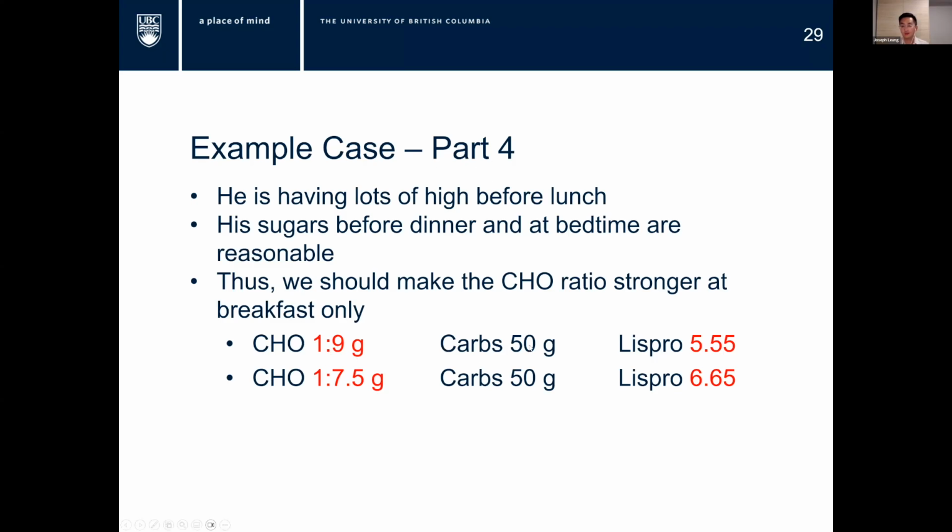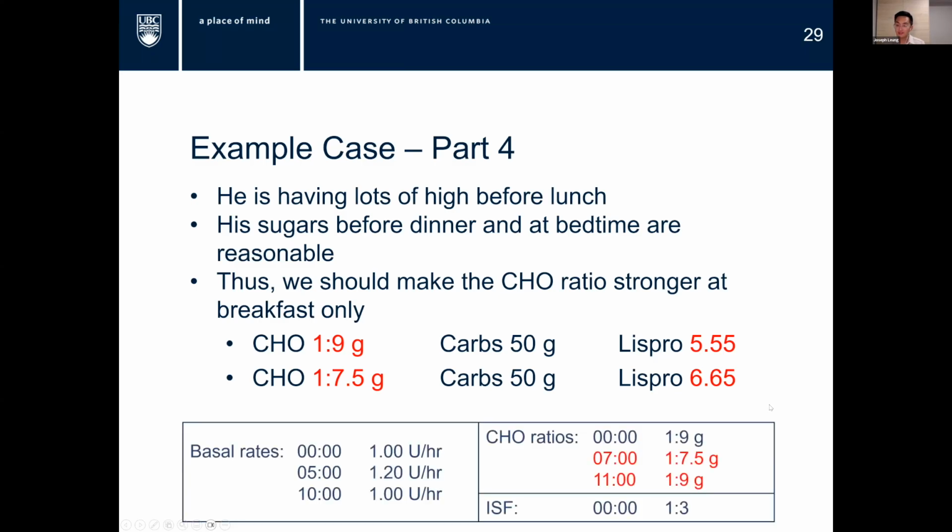Let's say they got 50 grams of carbs. So 50 divided by 9, they're going to get 5.55 units through the insulin pump. However, if we change the carb ratio to 7.5 grams, 50 divided by 7.5, that's 6.65. So they're actually going to get at least one additional unit during breakfast.